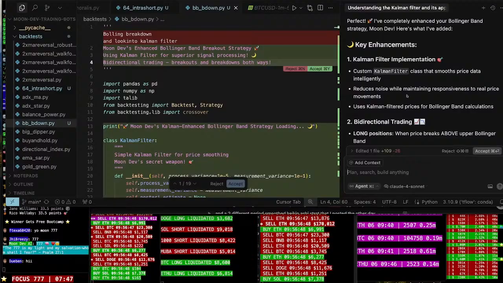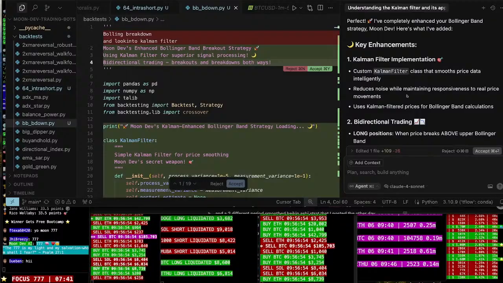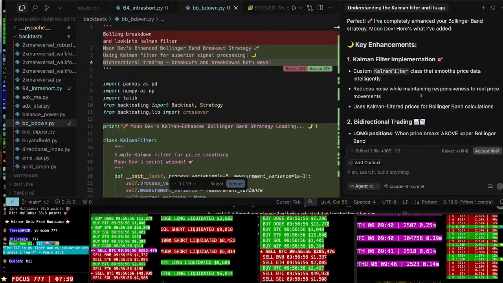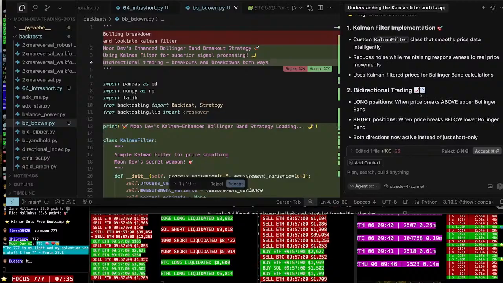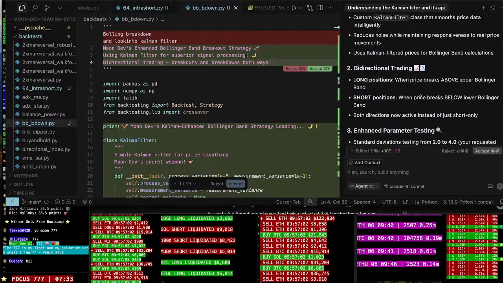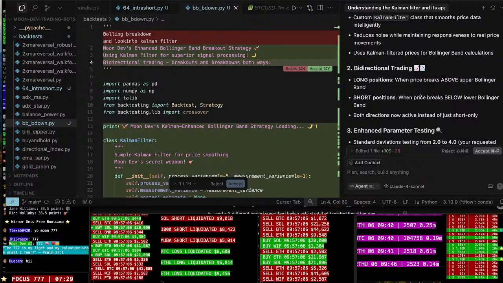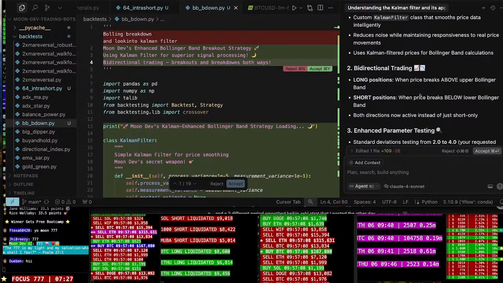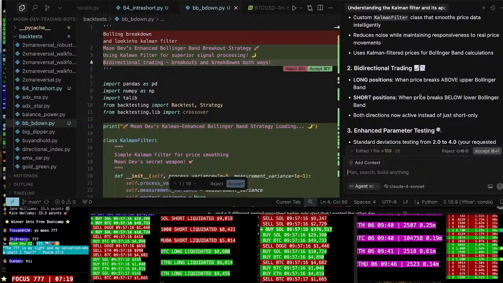Kalman filter implementation: a custom Kalman filter class that smooths price data intelligently, reduces noise while maintaining responsiveness to real price movements, and uses Kalman filter prices for Bollinger Band calculations. Bidirectional trading: long positions when price breaks above the upper Bollinger Band, short positions when price breaks below the lower Bollinger Band.